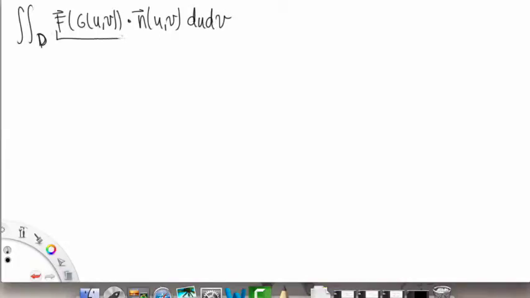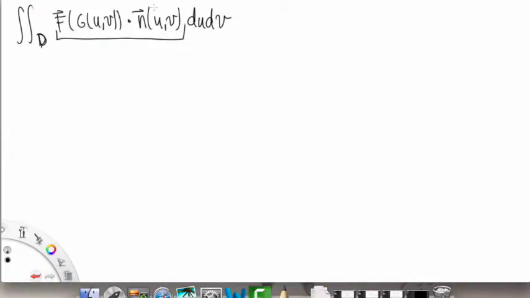So essentially what we're going to want is the integral over domain D of u and v, and then we have our vector field with g plugged into it, so we can get our u and v there, and then the normal vector as such, and then du dv. So right now what I'm going to find is this part.